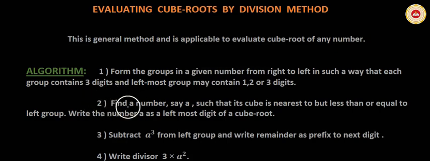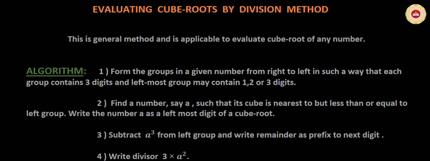Second step is find a number, say A, such that its cube is nearest to but less than or equal to the left group. Write the number A as the leftmost digit of the cube root. That means the first digit from the left side. Digit of what? Digit of the cube root.